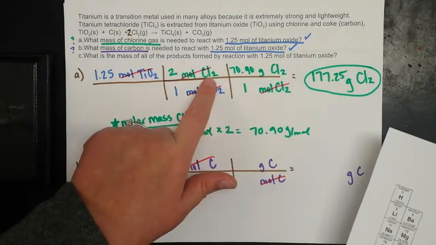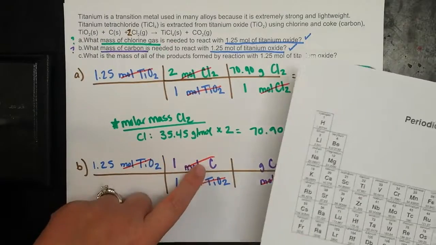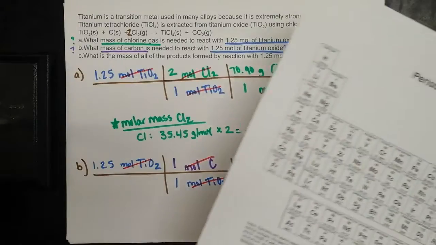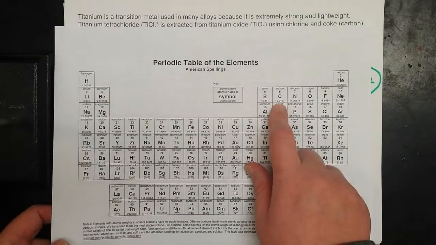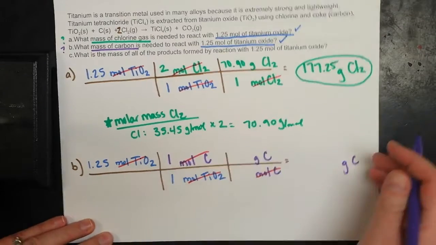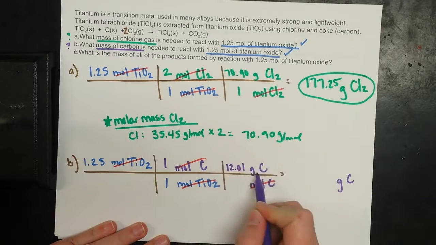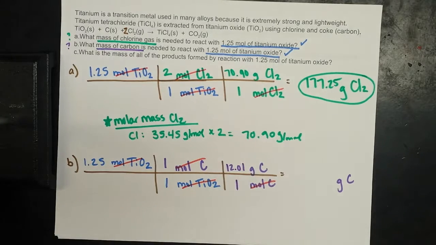Now, carbon is just an element. It's not Cl2, there's no subscripts, there's no other elements, it's literally just straight up carbon. So I'm just going to take the 12.01 as the molar mass. And I know that carbon weighs 12.01 grams for every mole.